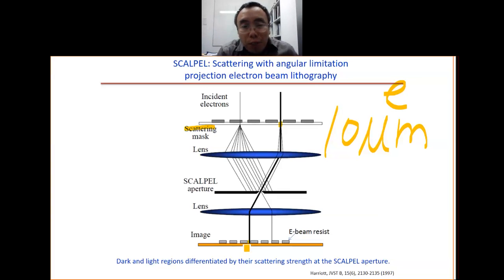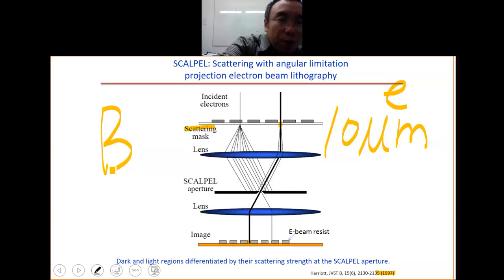But the problem for this one is similar to the X-ray lithography. This one is a fragile membrane. This is the very thin silicon nitride membrane mask. We have a membrane mask, it will break very easily. It's not stable. That's why in the end, this does not work. But this work was done around year 2000, mainly by the people from Bell Lab.